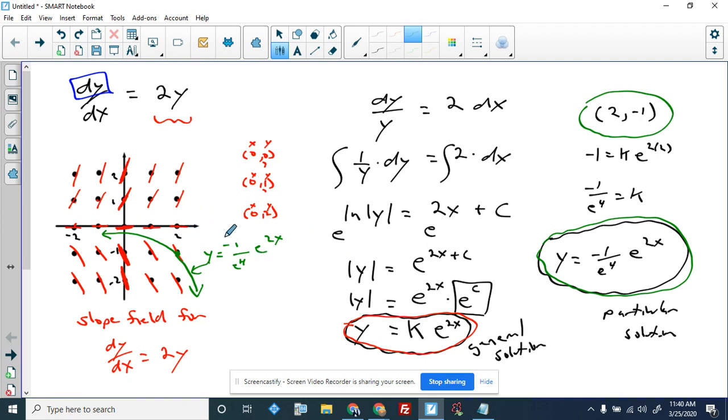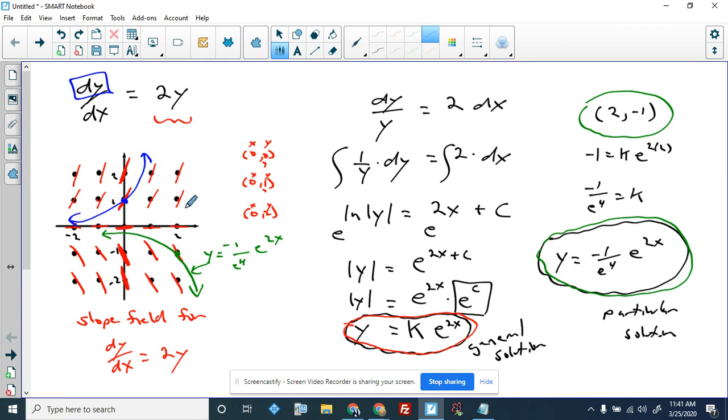And depending on where you pick the point to start, if I pick the point up here, let's just for kicks and giggles do this. Maybe I want you to sketch in the particular solution that goes through 0, 1, right? So if I did that, now again, horizontal line here, right, I'm going to get that, which again, these look like exponential functions. This is a negative exponential. This is a positive exponential.